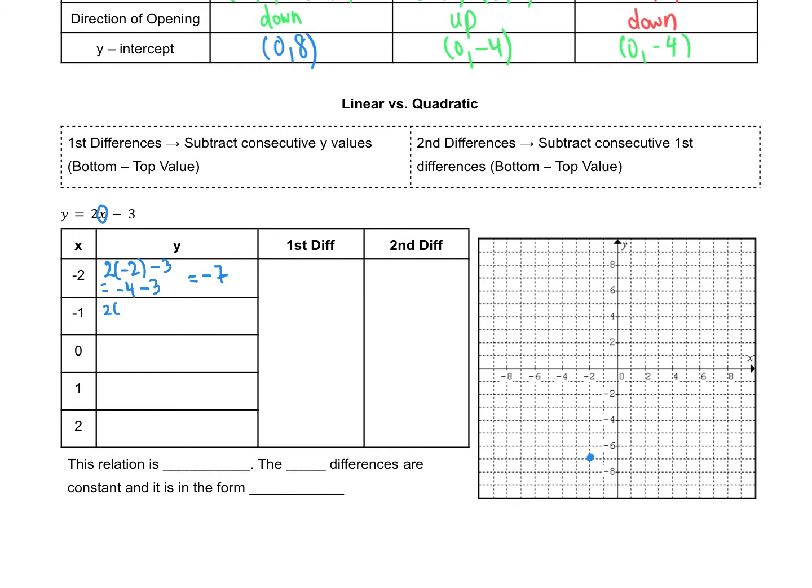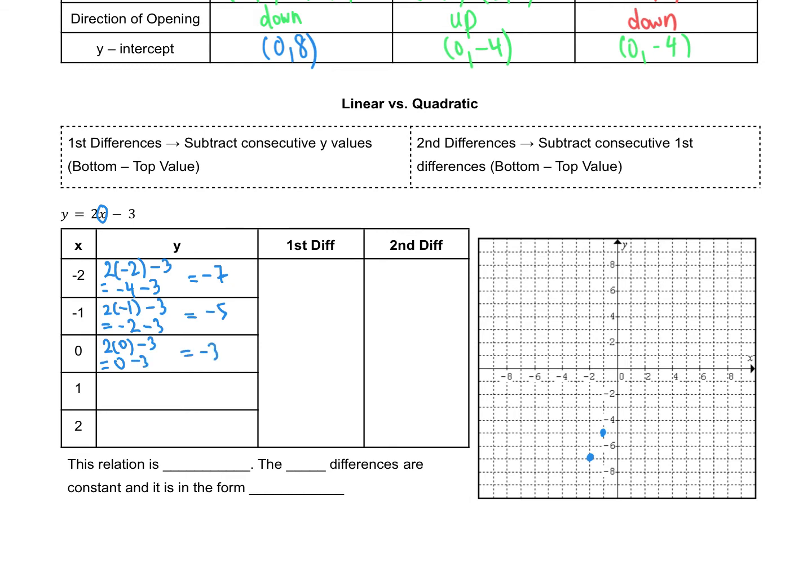Next, I'll do 2 times -1, subtract 3. Well, 2 times -1 is -2, and -2 subtract 3 is -5. So now I'll plot my next point. At -1, y is equal to -5. Next, we have 2 times 0, subtract 3. 2 times 0 is 0, and 0 subtract 3 is -3.